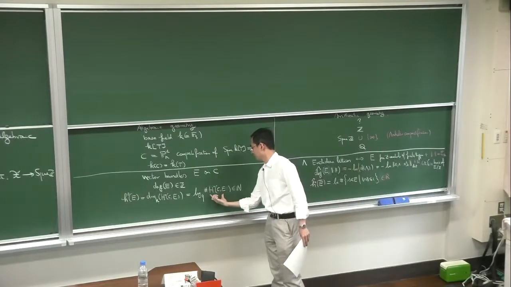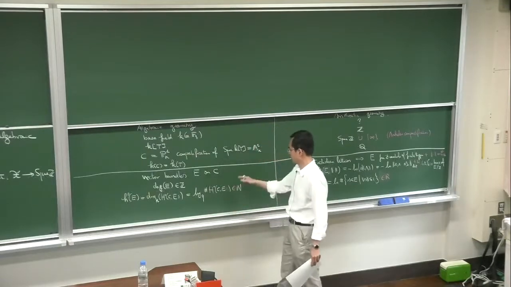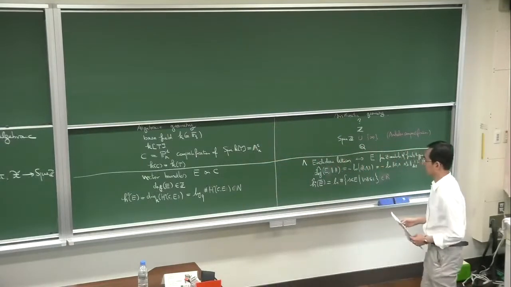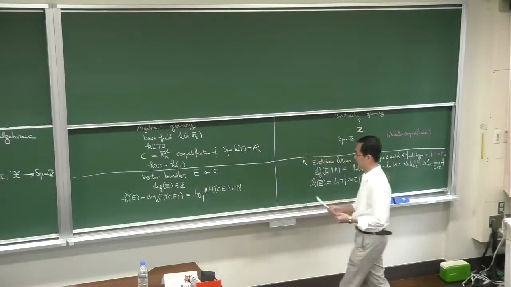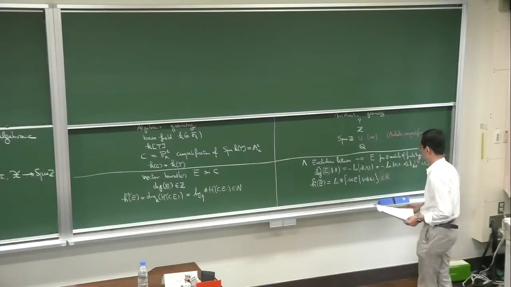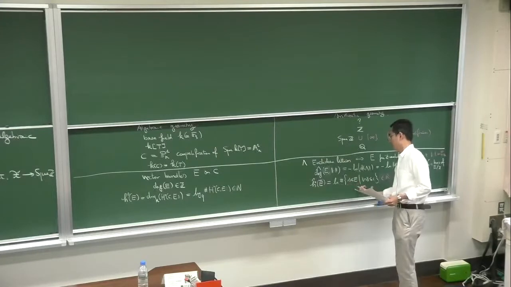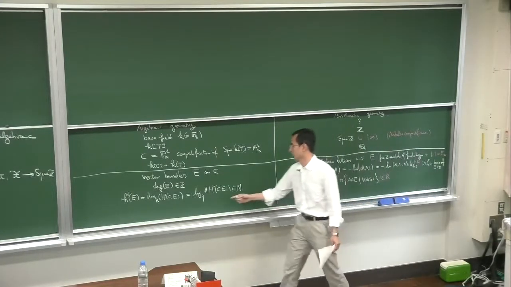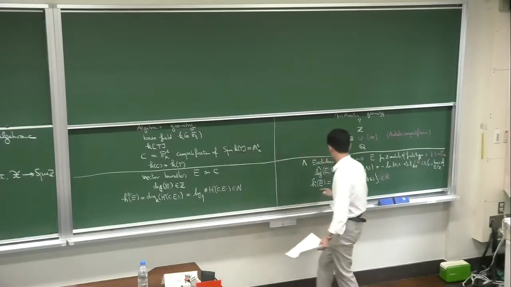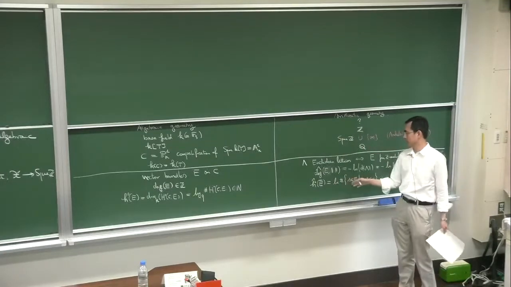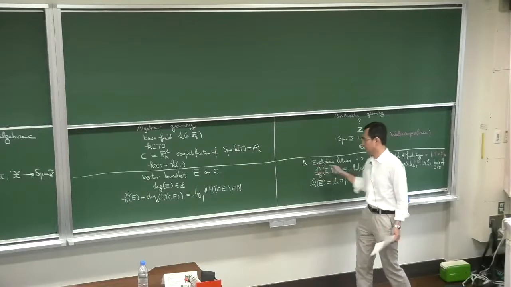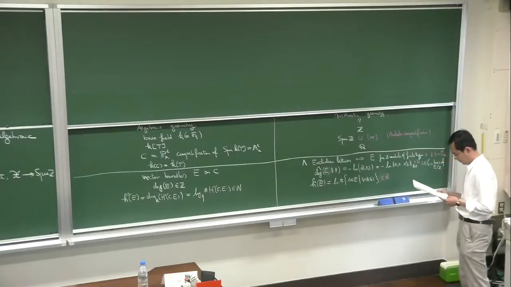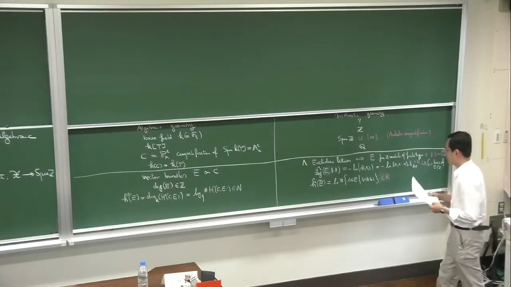As I have said, this set can be considered as the set of rational sections which have norm less than 1 everywhere. So in some sense it is similar to this set. Here I take log q, which explains the similarity of the geometric side and the arithmetic side. Okay.